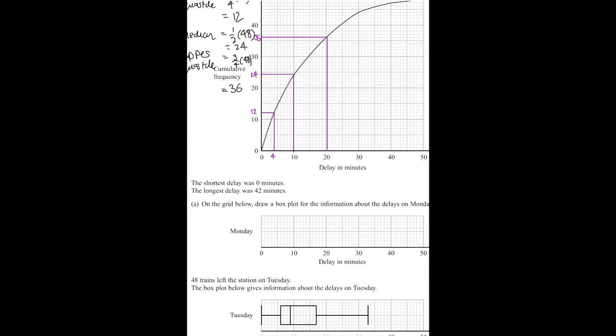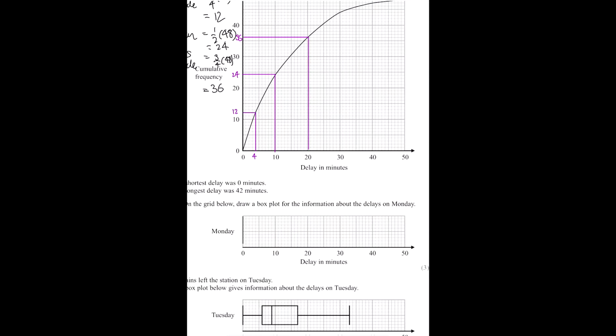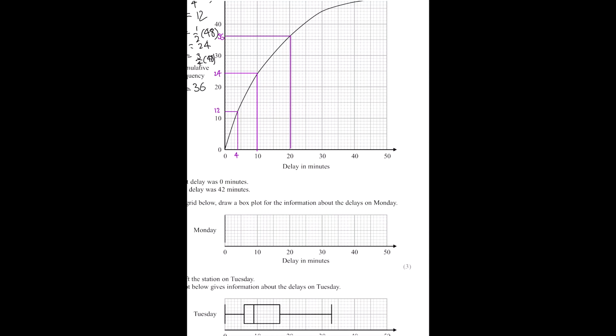So now adding everything in, we've got a line at 0, a line at 42, and again let's just do a convention where we draw it up to here. Then the median is at 10.